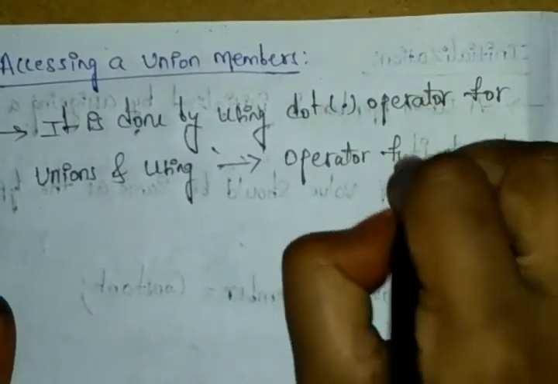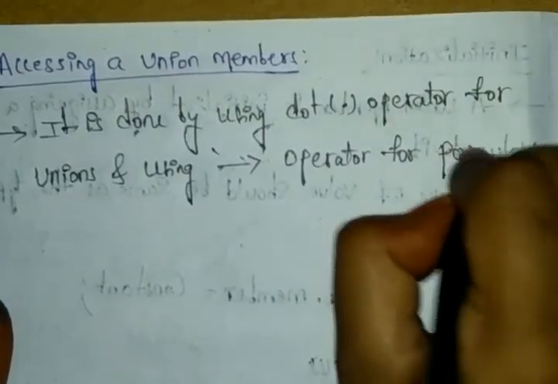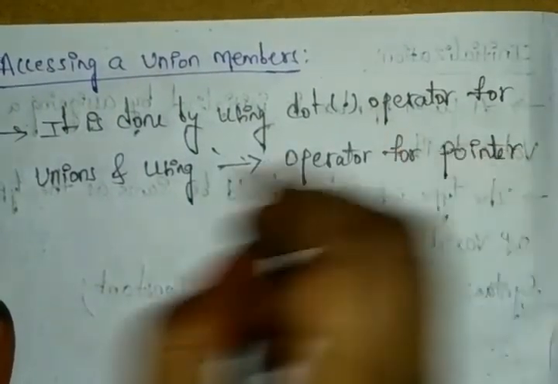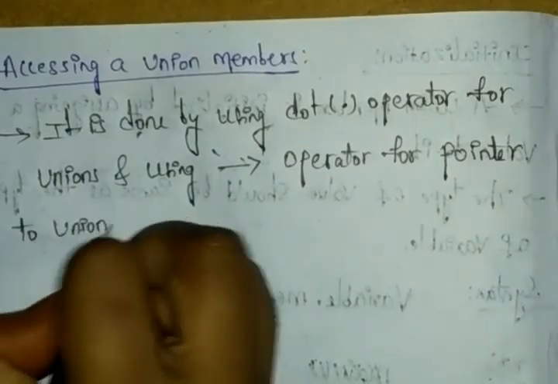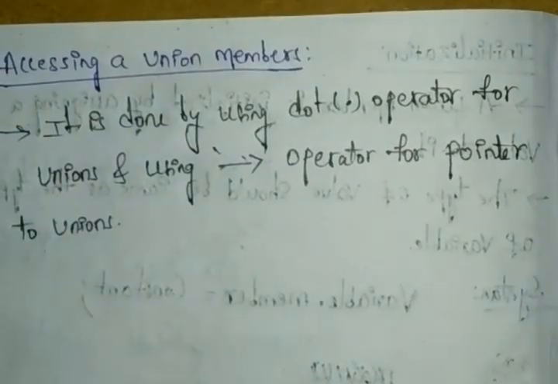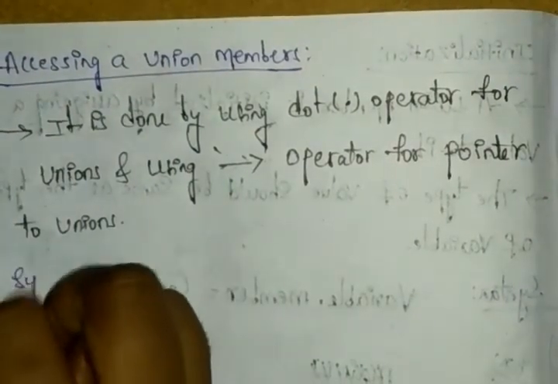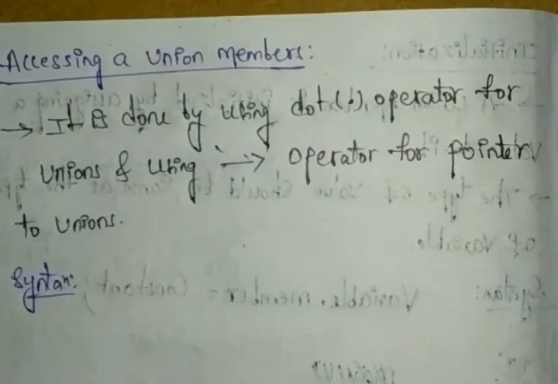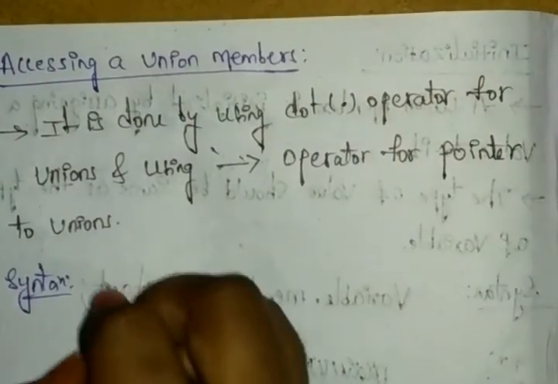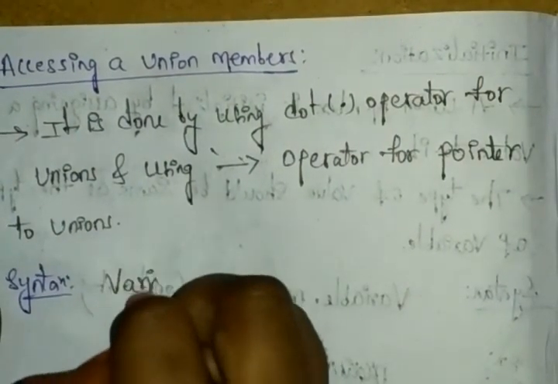For a pointer type, if you are using a pointer to the union, the symbol will be like this. Just see the syntax to define with our unions, how it will look. You can define this first by using the dot operator, with the variables only.